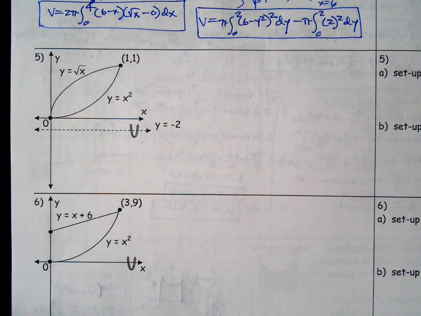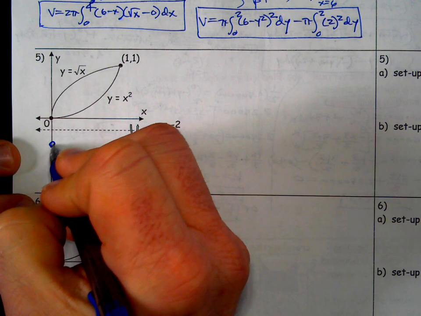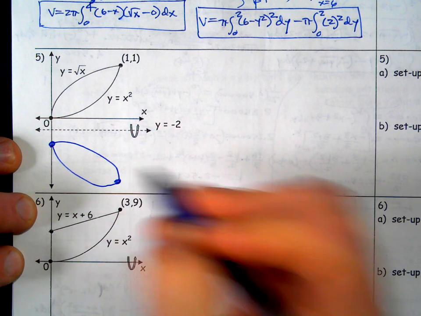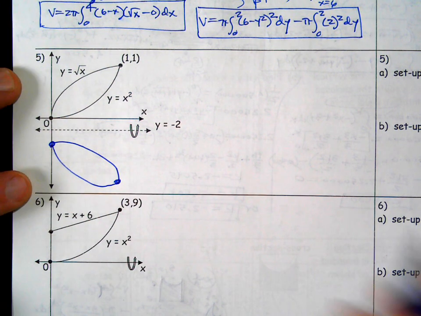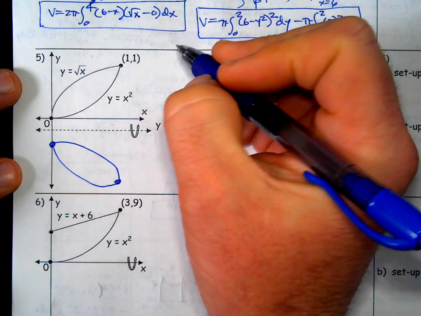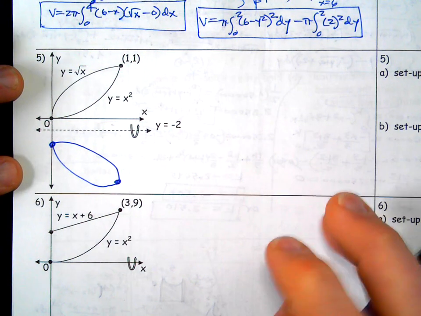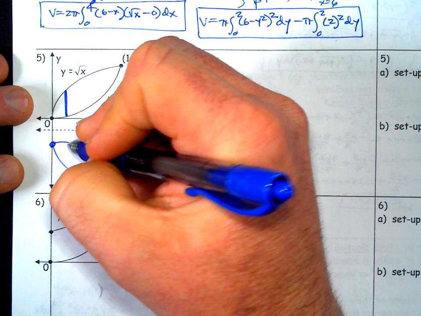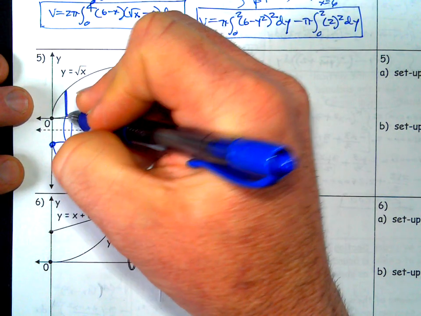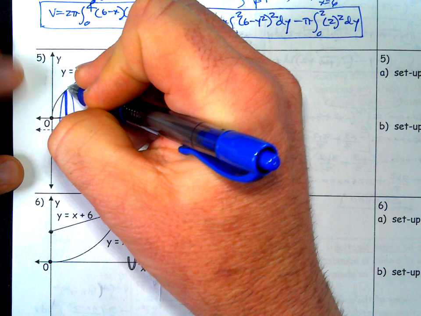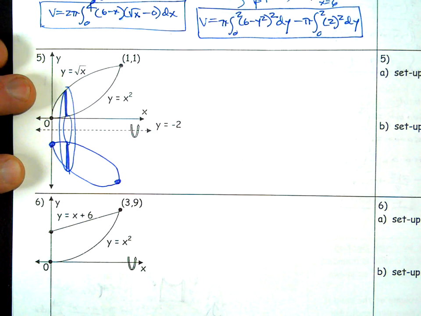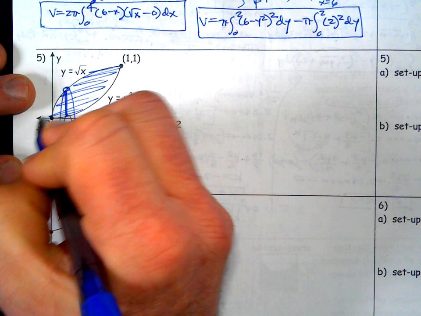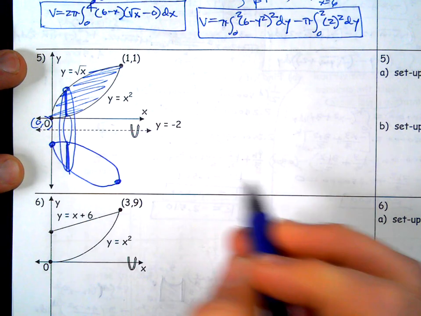The next one, let's see. So part A is dx. So that's vertical slices. And they're going to be perpendicular to the axis of rotation, so they're going to give you disc washers. This is the original region that you want to use for all your limits and your dimensions.